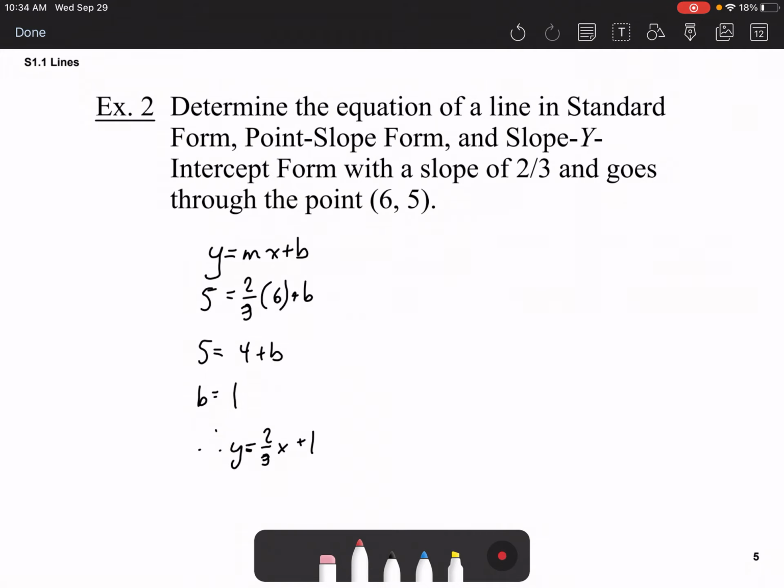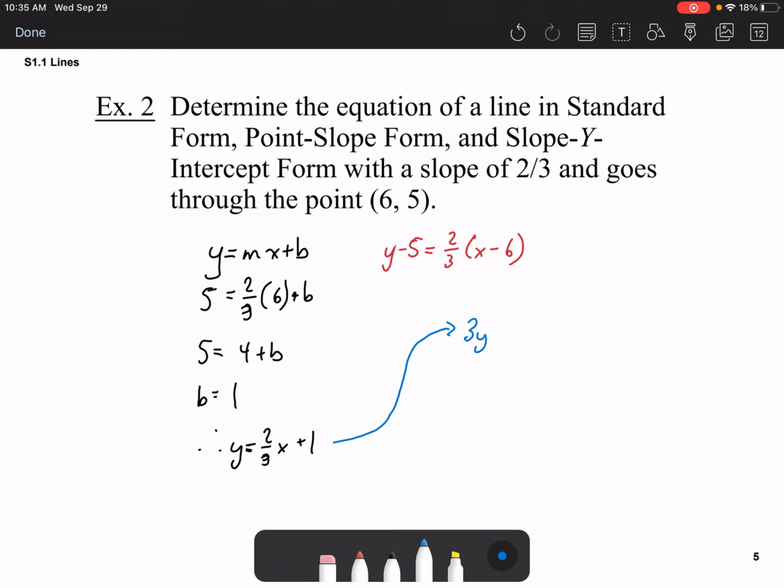If I wanted to do point slope form, well, my y minus 5 equals 2/3 of x minus 6. That's it, simply. Takes the point, takes the slope, you're done. The last part is you rearranging these equations. So to get standard form, I'm going to take this one right here, and I'm going to multiply everything by 3.